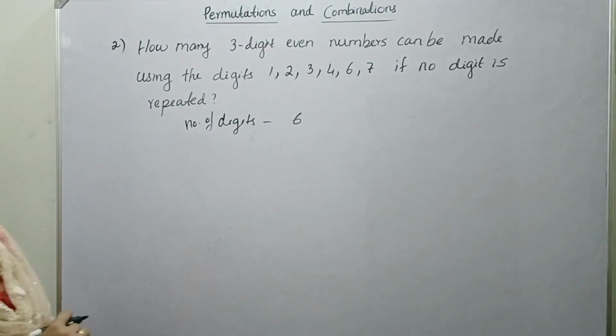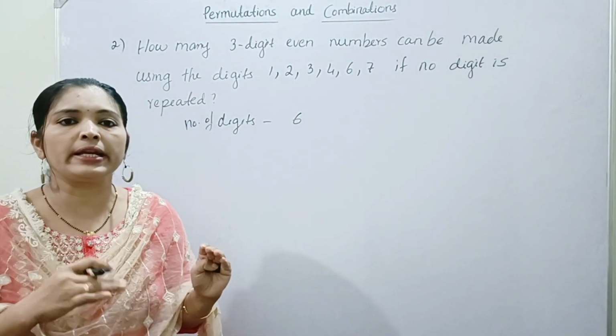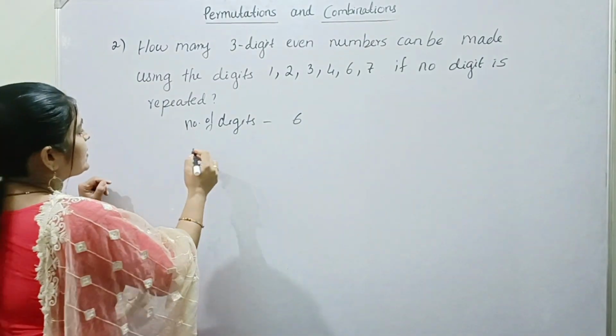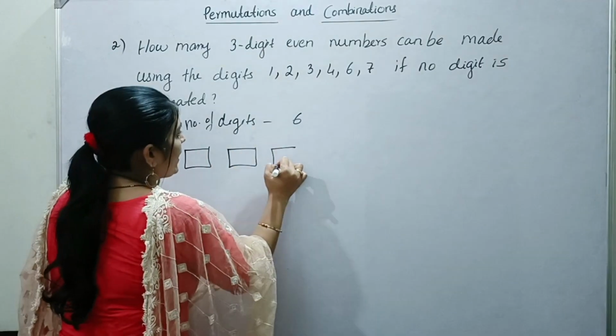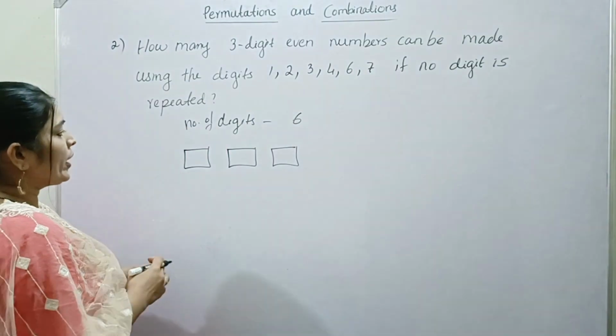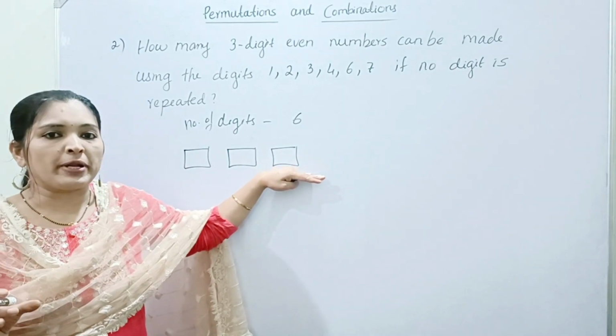And here, we have to write 3-digit even numbers. Okay, let us solve it directly. First, let us go through the unit place.